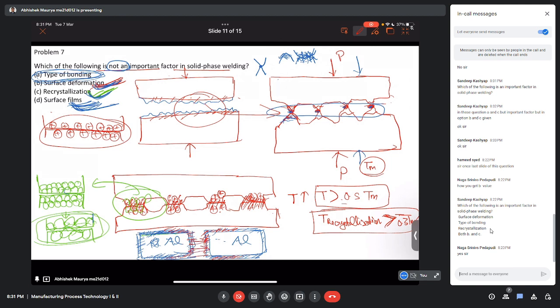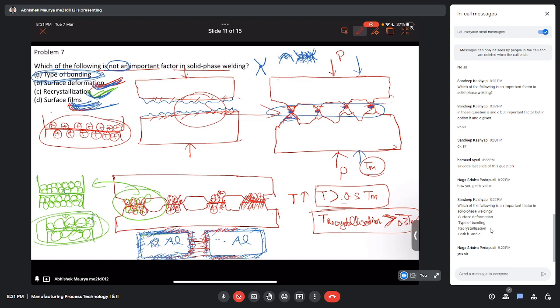So surface films, this we have to remove. The amount of surface film present on the metal surface is also going to play an important role in solid state welding.